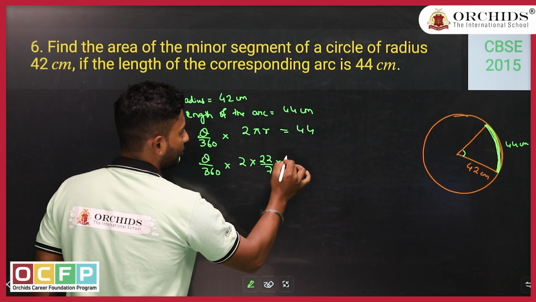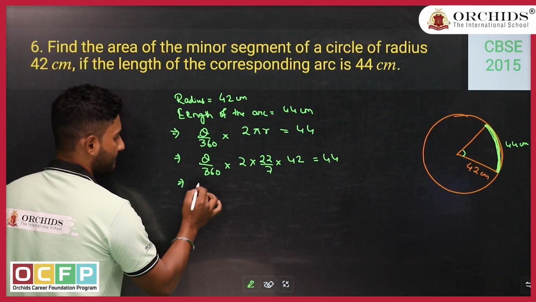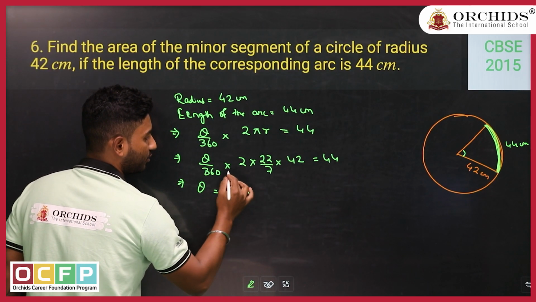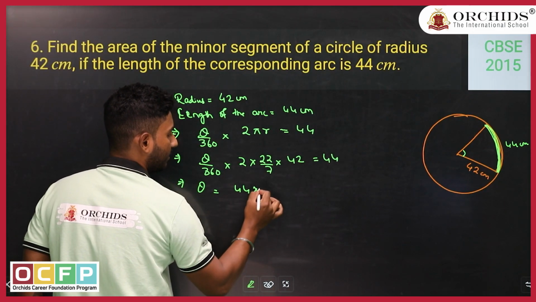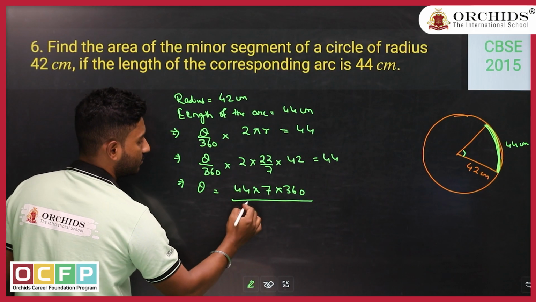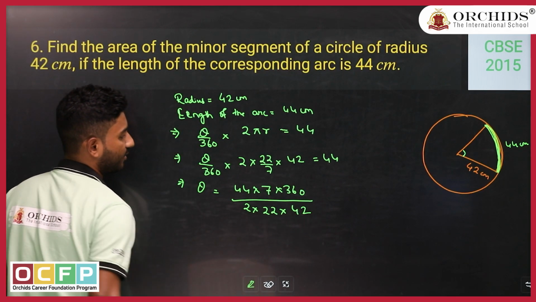What is r? 42, is equal to 44. Fine. So theta will be equal to 44, bring everything to this side: the denominator goes up to become the numerator, and the numerators go down and form the denominator.